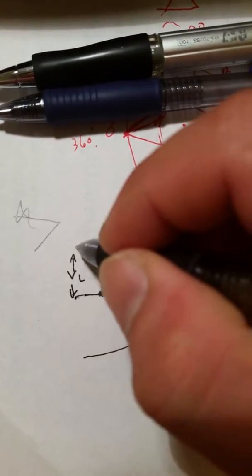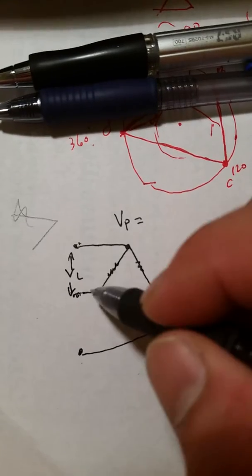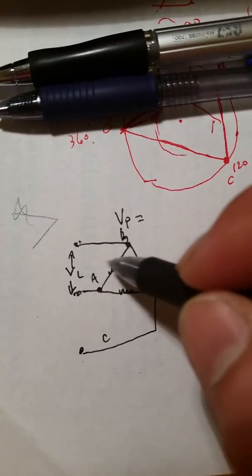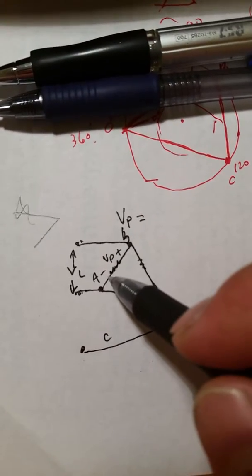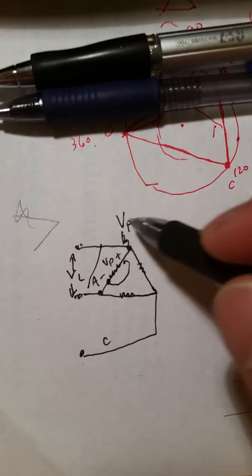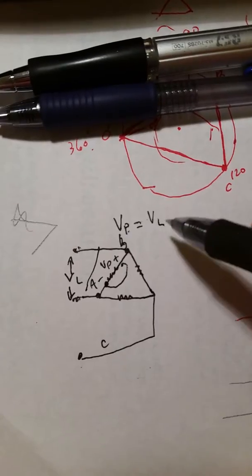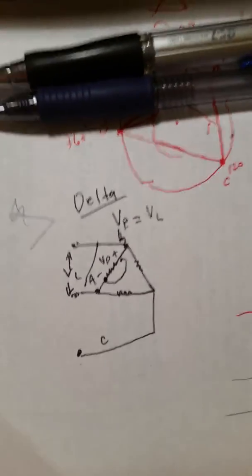So this would be like the power line here, here, here. Let's call this A phase, B phase, C phase, whatever. The voltage between this and this is equal to this and this. So your phase voltage is equal to your line voltage. That's a delta system, right?